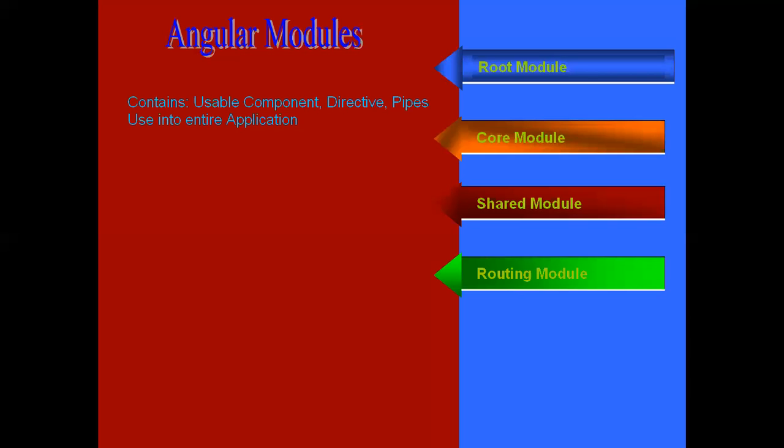By putting it into the shared module, you do not need to import it again and again in different modules, you can directly use it. So the shared module is a kind of utility classes that we can reuse again and again in our application.